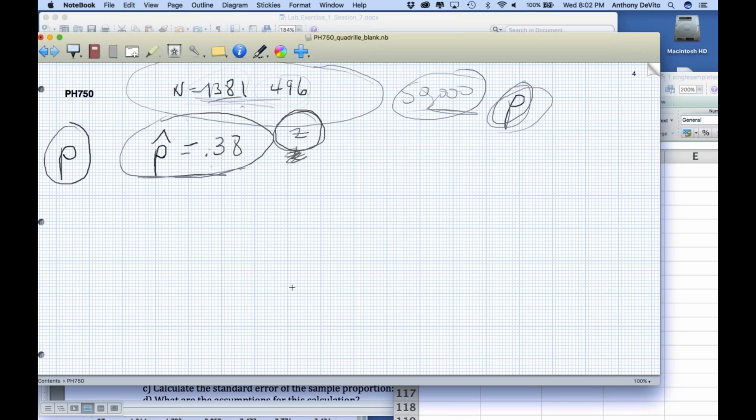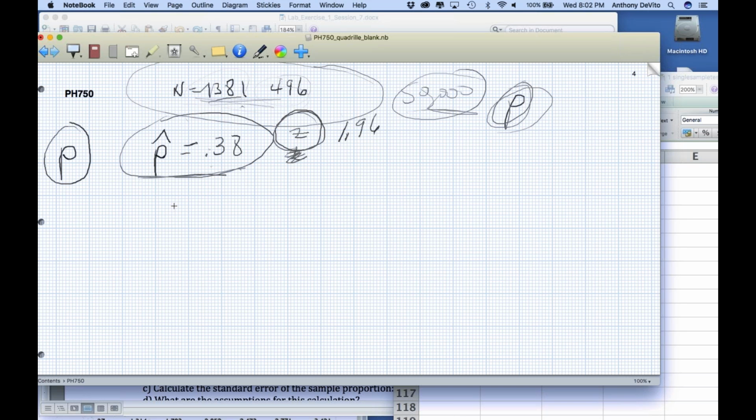If you look at the T-table, it goes up to 100 or 200 anyway, so it would be hard to use it for that big a sample without assuming you're going to use the same value as Z anyway. So for a 95% confidence interval, we're going to be talking about z equal to 1.96.